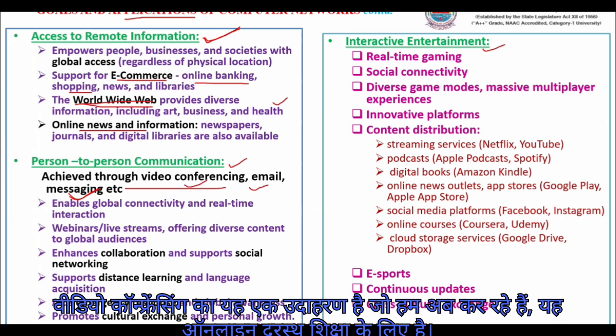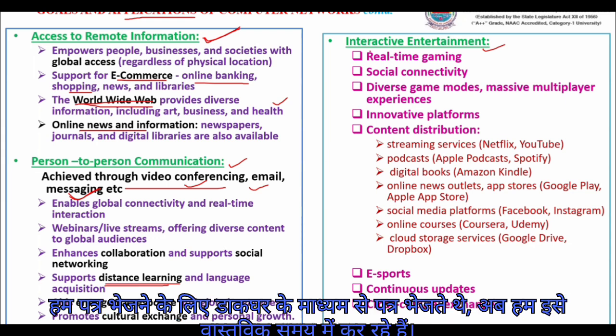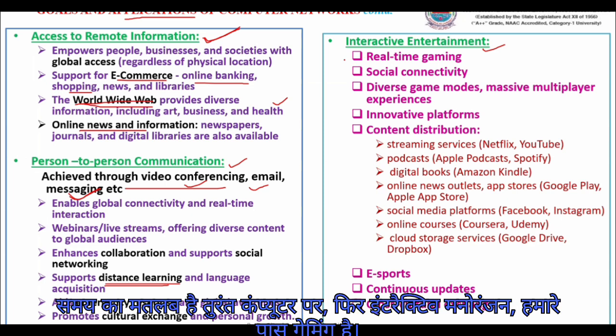Video conferencing, this is one example which we are having now. This is for online distance learning. And email, of course, we all know we can send mails, letter content which earlier we used to send in letters, posting them through the post office. Now we are doing it in real time, immediately on a computer.